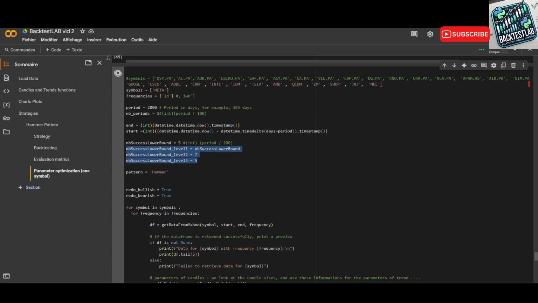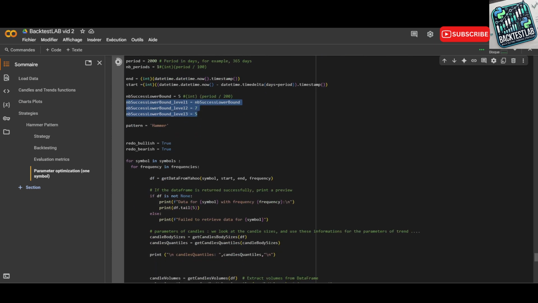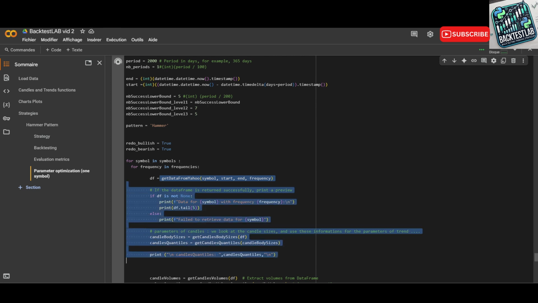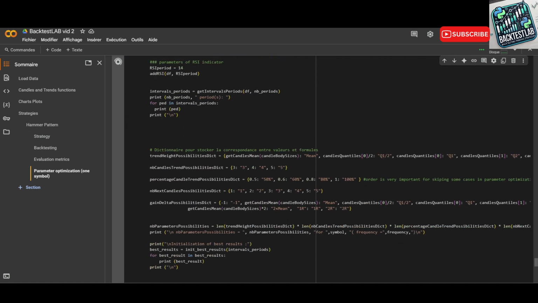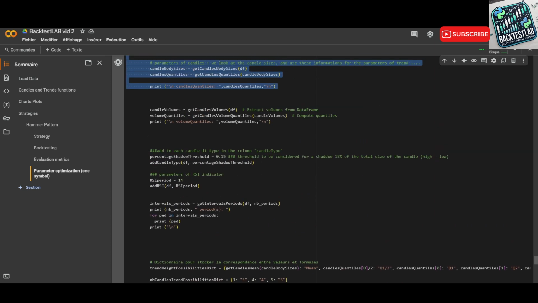I made it complicated, but for explaining the idea here, we need to go through all the samples, the frequency, and see what are the best parameters for this specific stock and for the specific frequency. So basically I am running all of this. As you can see, some of the things are not actually very necessary.